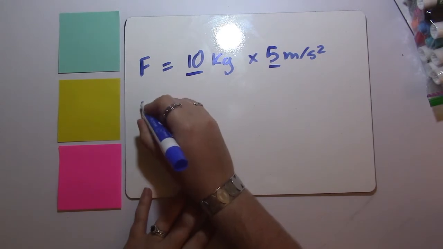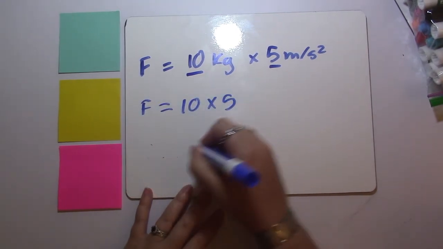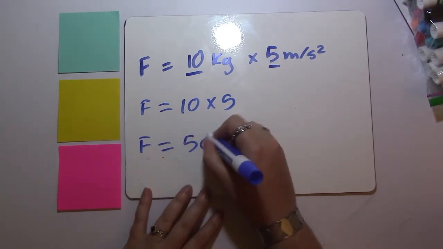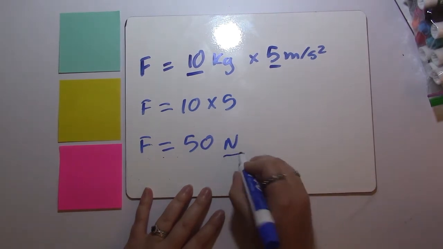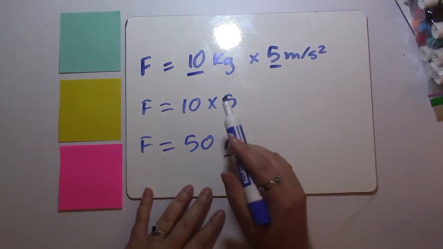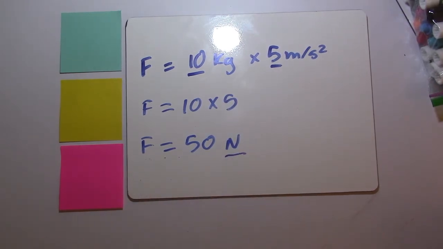So in this case, force is going to be 10 times 5, meaning force equals 50. And our unit for force is newtons. So we have 50 newtons if we're pushing a 10 kilogram box at 5 meters per second squared.